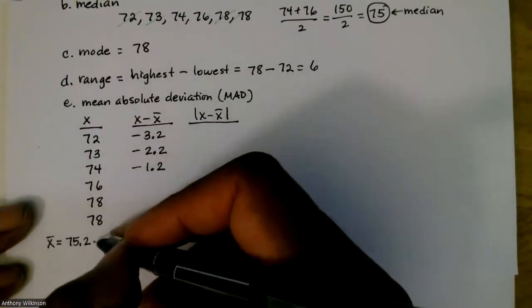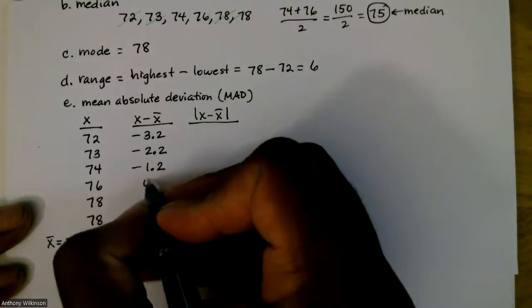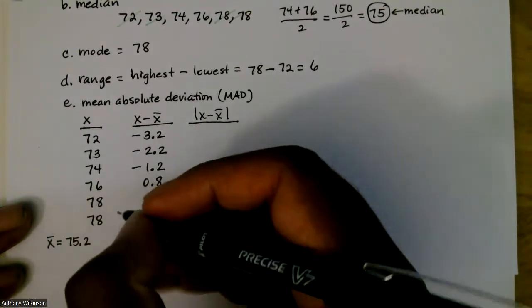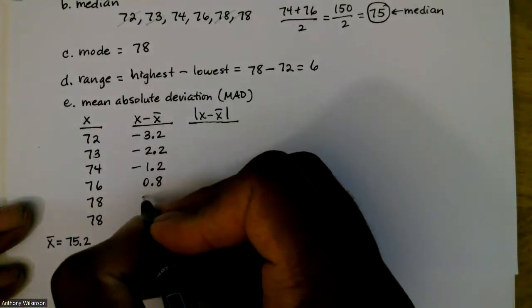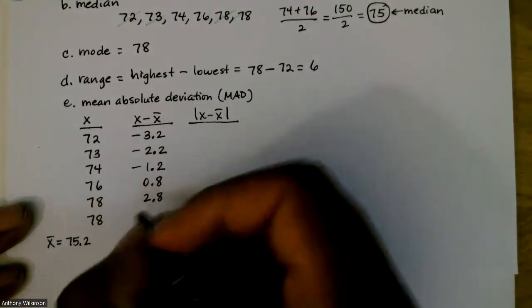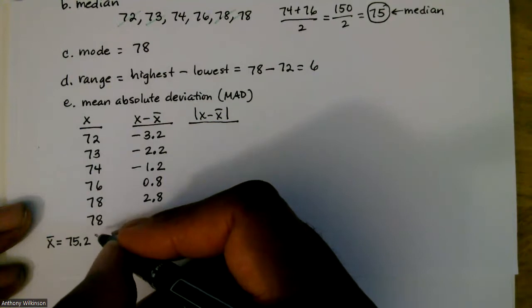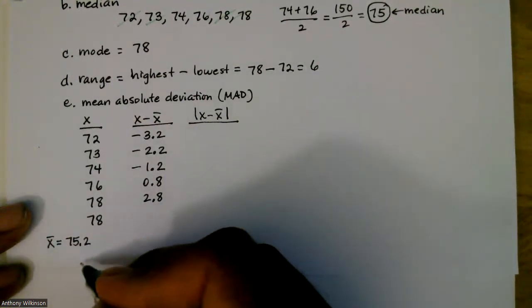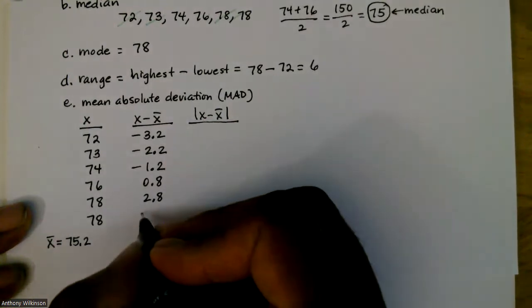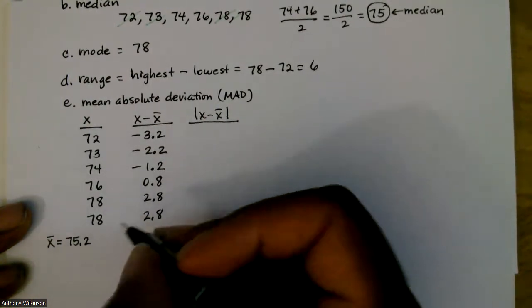And then 76 minus 75.2 will be 0.8. Then 78 minus 75.2 will be 2.8. And 78 minus 75.2 is also 2.8.